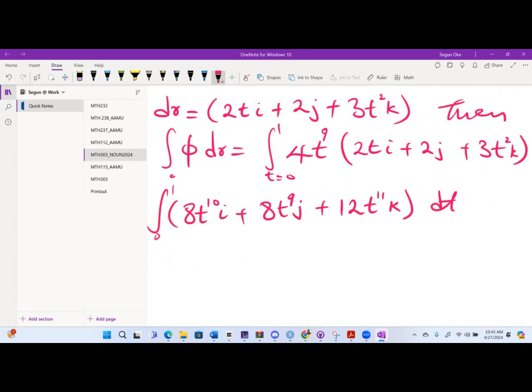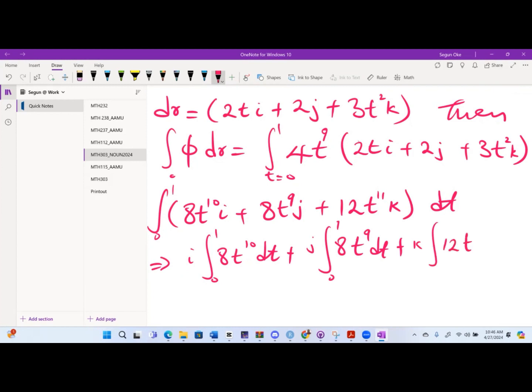So it's going to give me i integral from 0 to 1 of 8t raised to power 10 dt, plus j integral of 8t to the 9 from 0 to 1 dt, plus k integral of 12t to the 11 dt from 0 to 1.